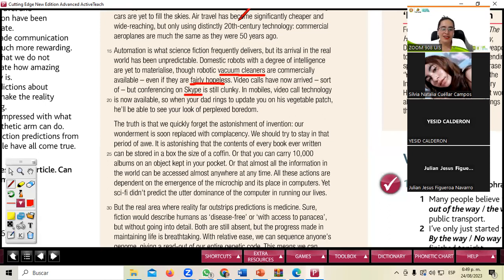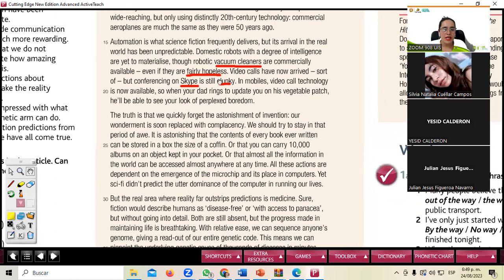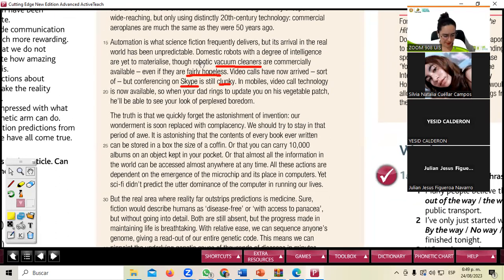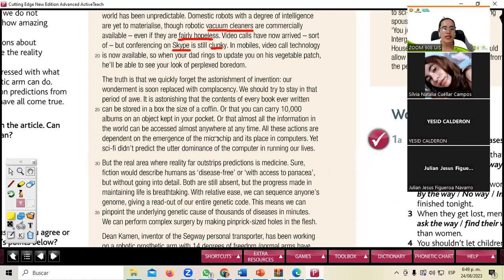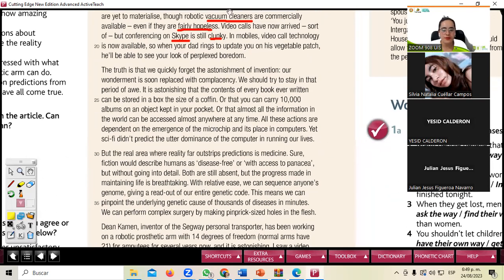And he thought that the virtual conferences were still clunky, not very good. Okay. All right. Anything else from this paragraph? All right. Let's continue with paragraph 4. Let's start again. Andres, can you continue, please? The truth is that.